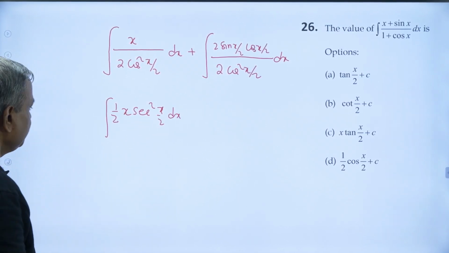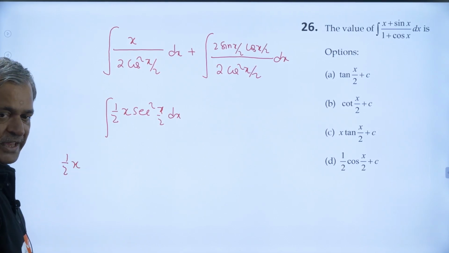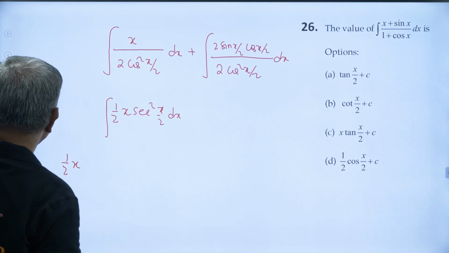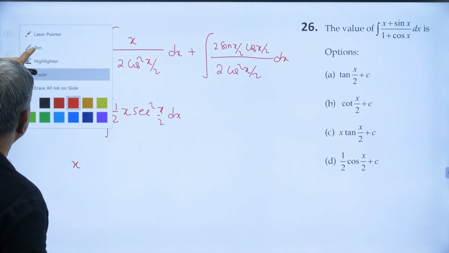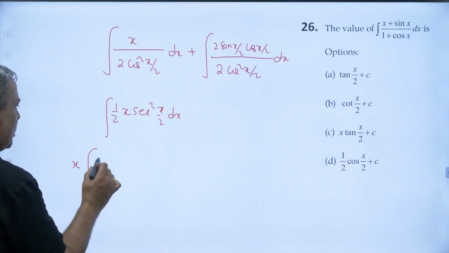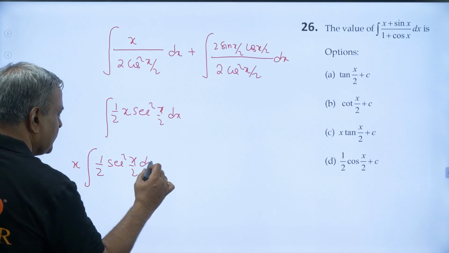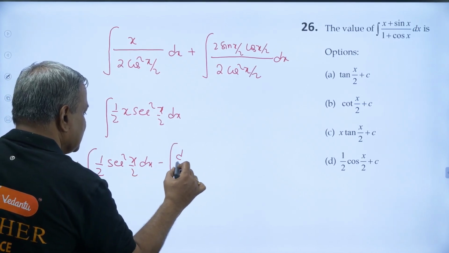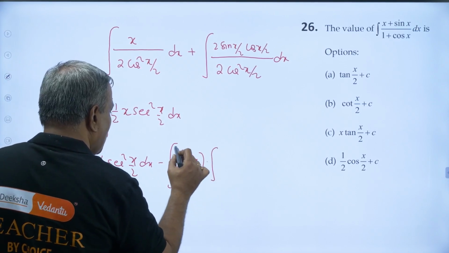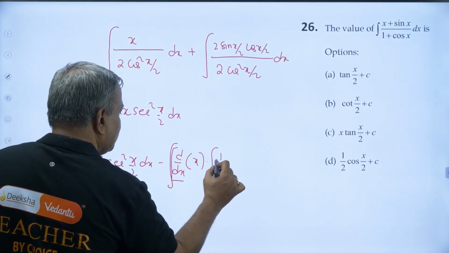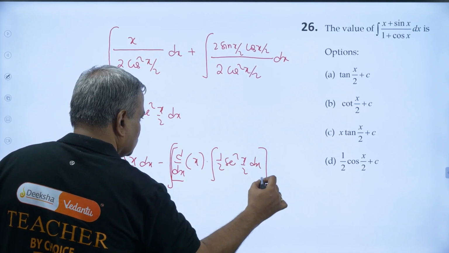Let us do integration by parts. So 1 by 2 x, or you write x only with this 1 by 2. So integral of 1 by 2 secant square x by 2 dx minus integral of d by dx of x into the integral of 1 by 2 secant square x by 2 dx, box close, dx.